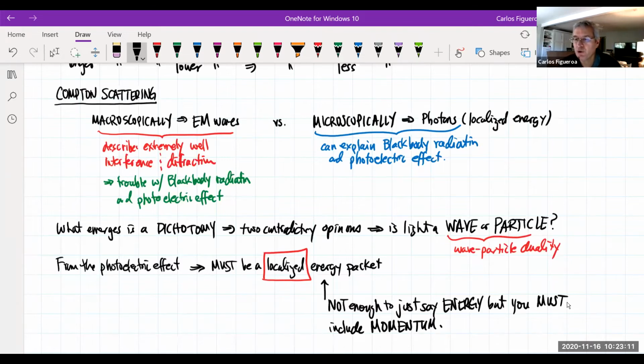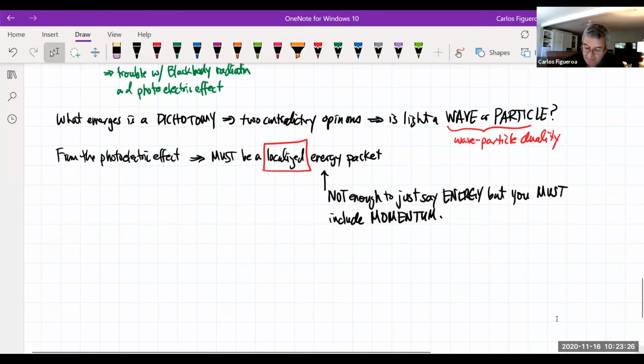A car is a localized thing. So as a car is moving, we know that it has energy and we know it has momentum. If a billiard ball is moving, we know it has energy, we know that it has momentum. Anything that's localized has to be that case.